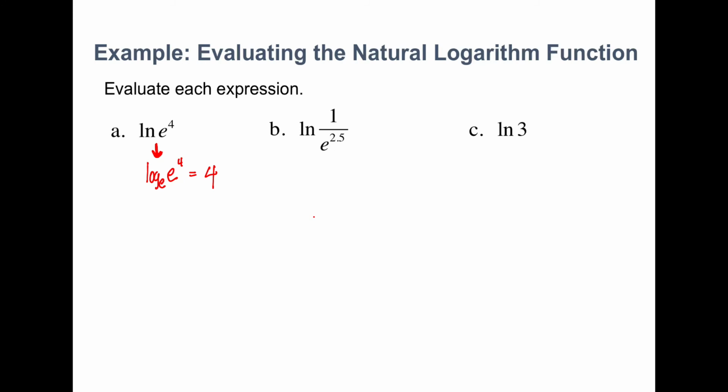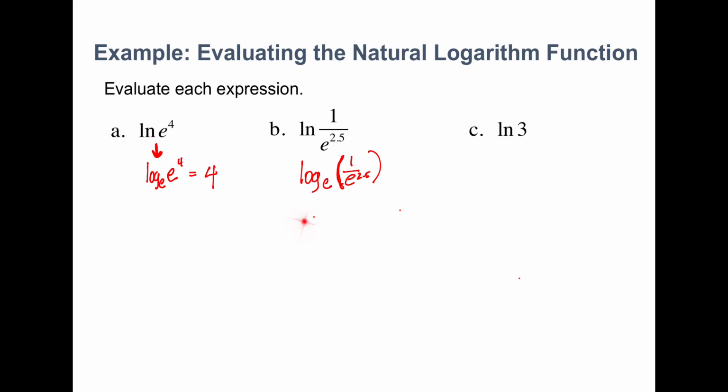For the next one, again, if we write this as log base e, we're taking 1 over e to the 2.5, kind of an odd thing. We know over here if the base and what we're taking it of match up, then we look at the power. But here, the base is actually in a denominator. But I can rewrite this.